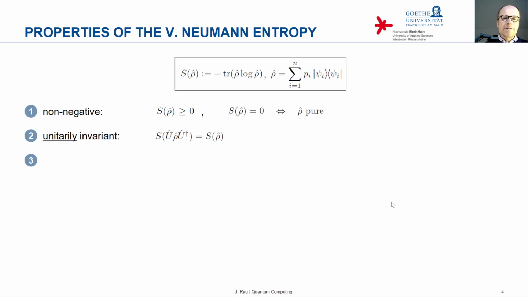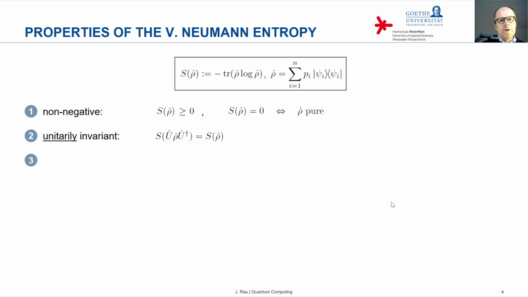Secondly, it is invariant under unitary transformations. So when you change the basis, you apply a unitary transformation to your statistical operator, then this does not change the von Neumann entropy. It depends only on the spectrum, on the eigenvalues of the statistical operator, but not on the orientation of the basis. That's the analog of the permutation invariance that we had in the classical case.